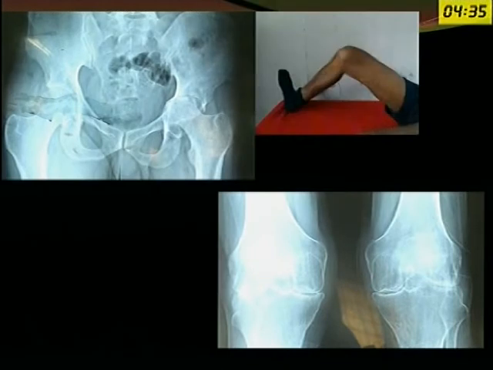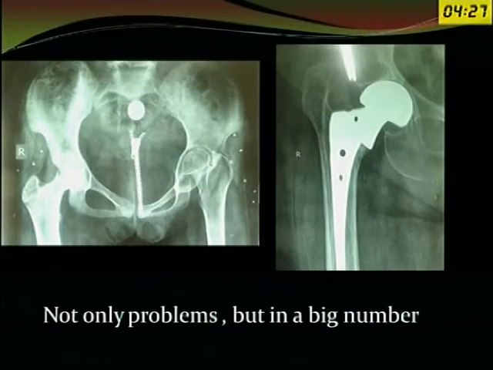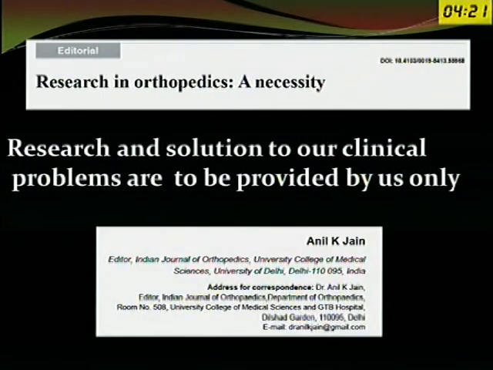We do not get a simple hip to be done which is simple osteoarthritic, but we get a hip to be replaced which has a severe protrusio. And not only protrusio, it has concomitant simultaneous involvement of both knee joints, and one is deformed 90 degrees and the other deformed 60 degrees. So you have to find a solution to all these complicated combinations of problems. We do not get simple hips to be replaced, we have all these kinds of complications pending for us.